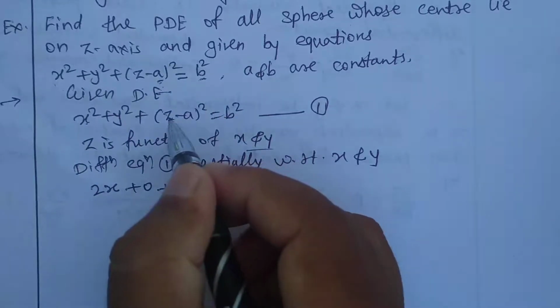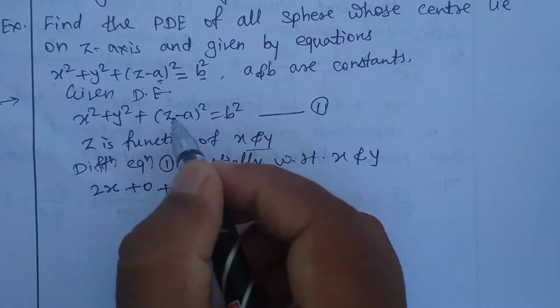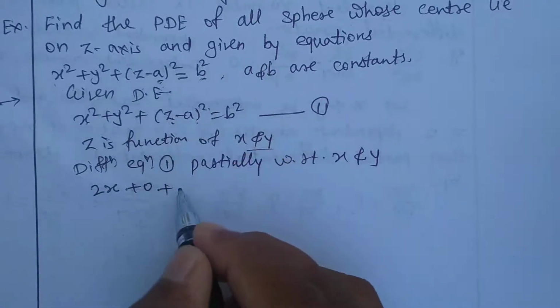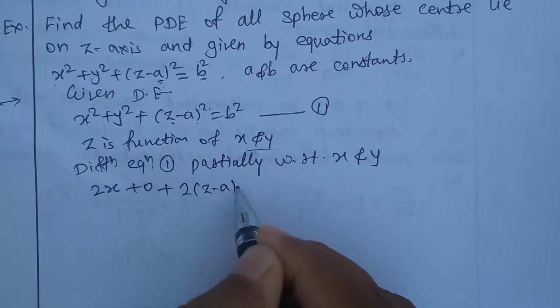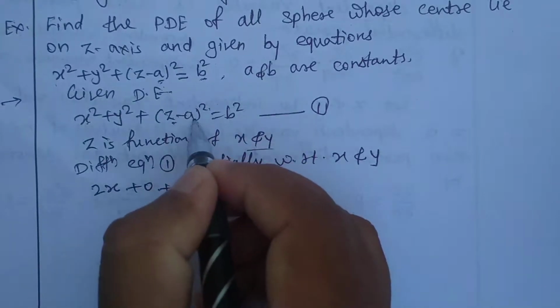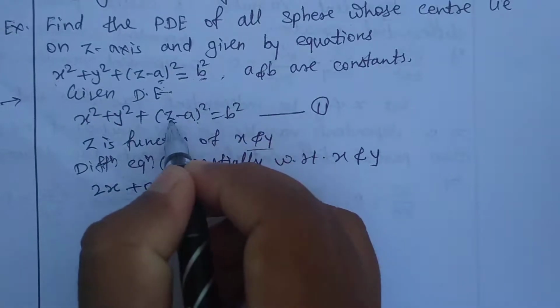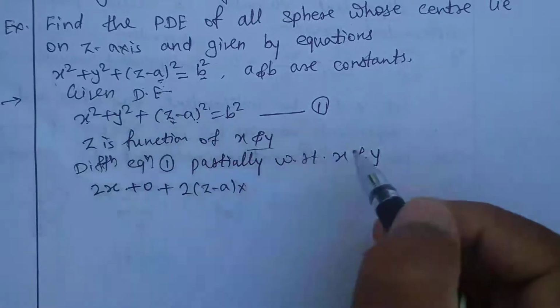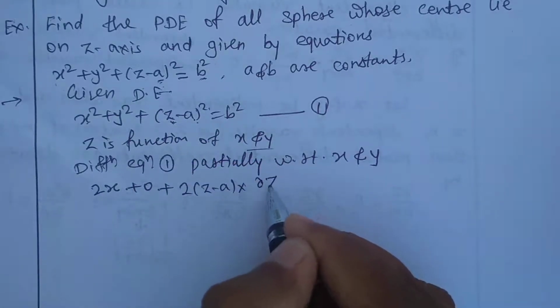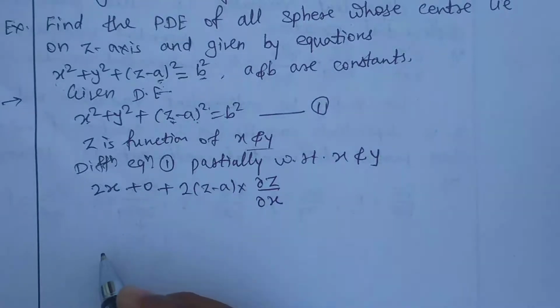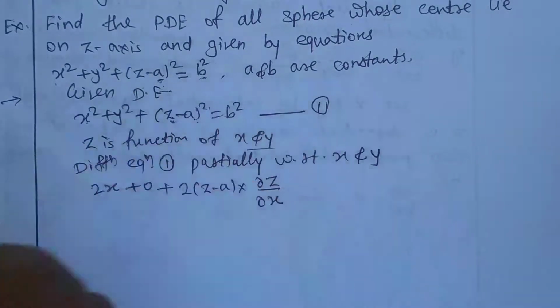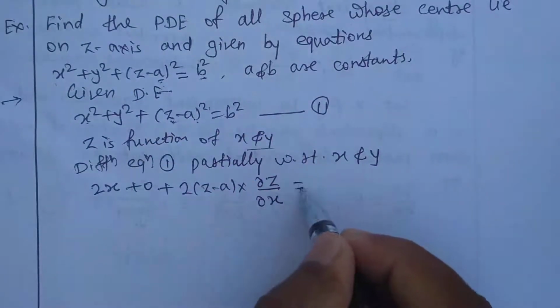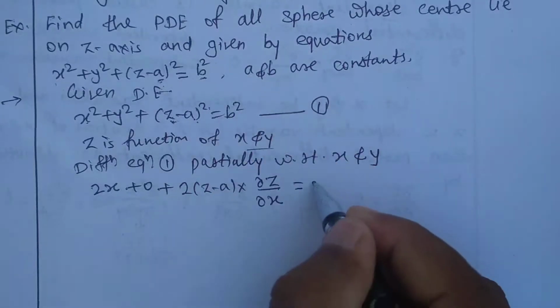Z is a dependent variable, so the derivative of (z minus a) square is 2 times (z minus a) into the derivative of (z minus a). The derivative of z with respect to x is del z by del x. The derivative of a is 0 because a is a constant, and the derivative of b square is also 0 because b is a constant.